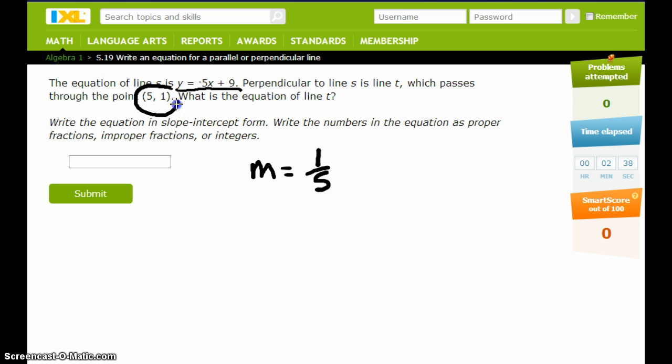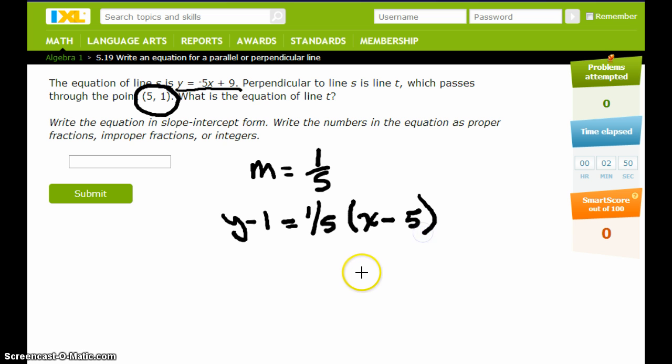It says it goes through point 5, 1, so I can go y minus 1 equals 1/5 times x minus 5. Y minus 1 equals 1/5 x minus 1.